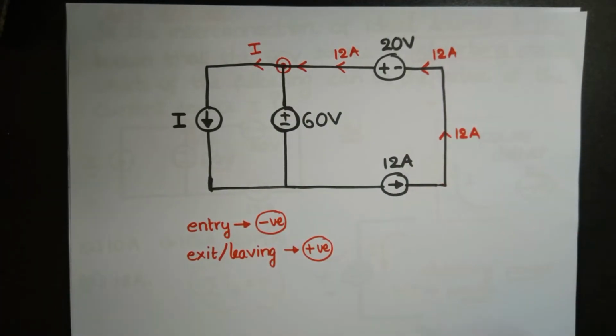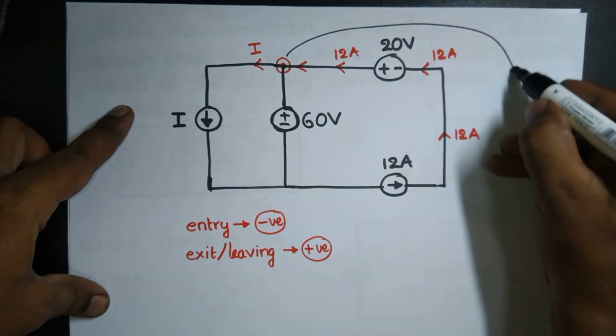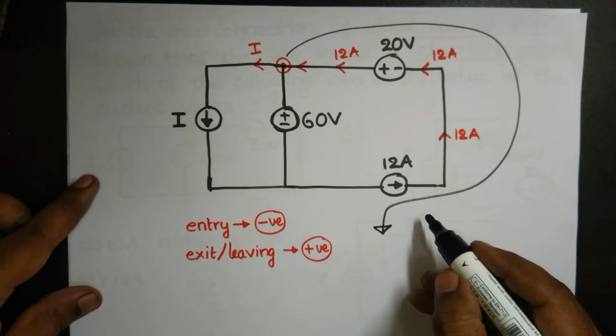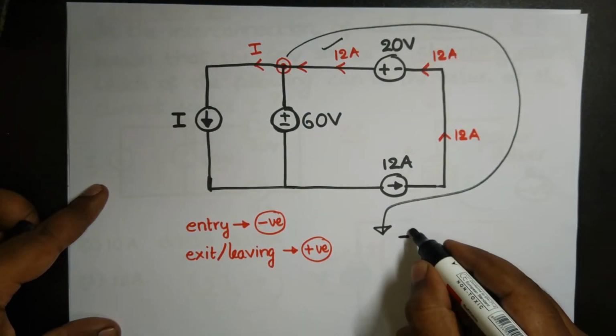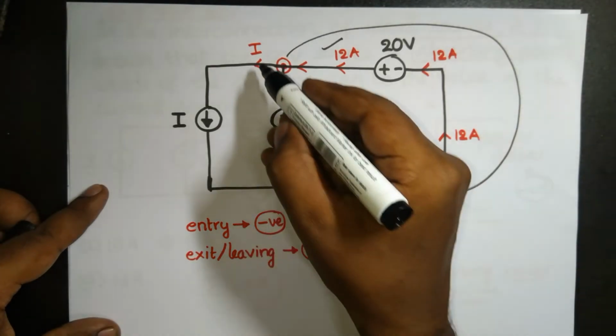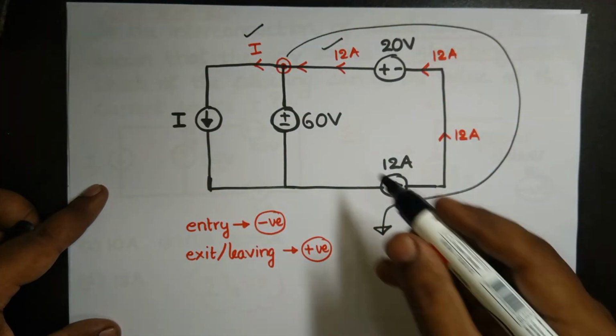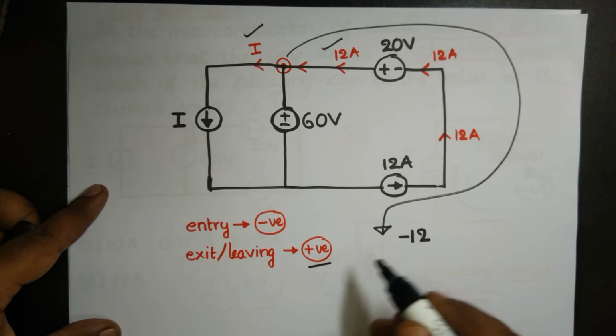Now to satisfy KCL at this node, 12 is entering, so negative 12, and I amperes is leaving from this node, and leaving we are taking as positive.